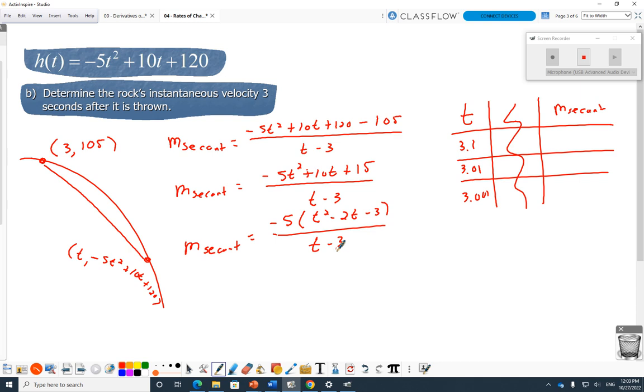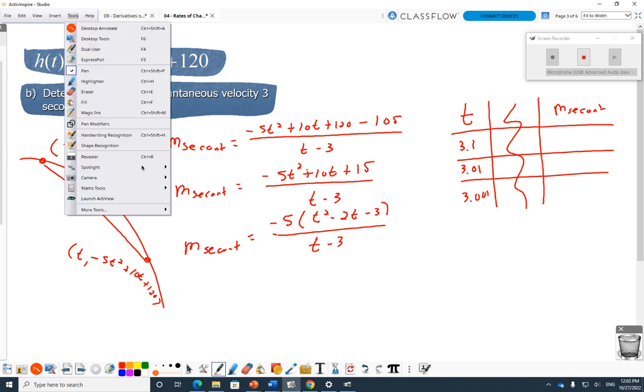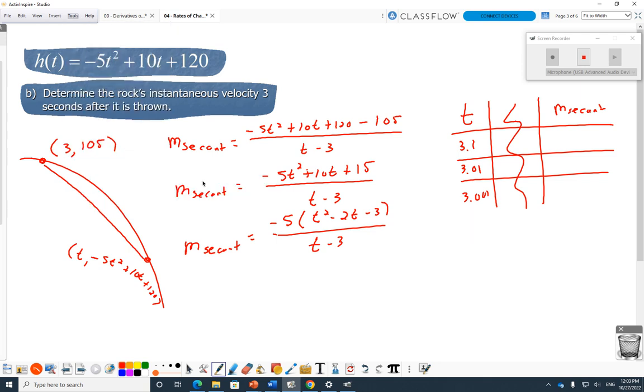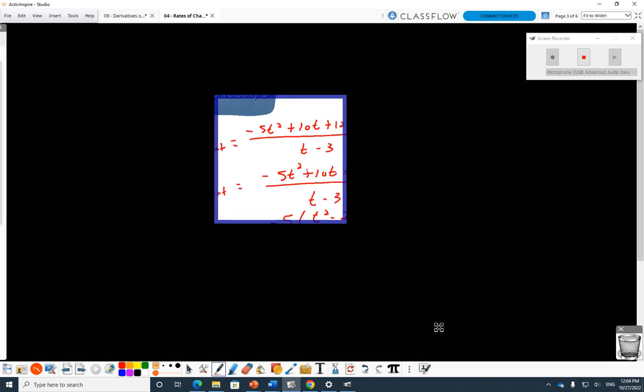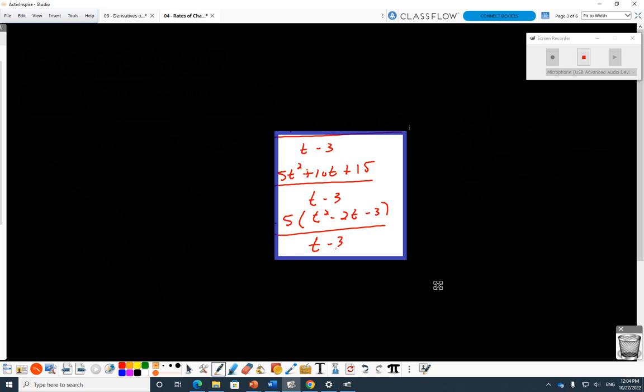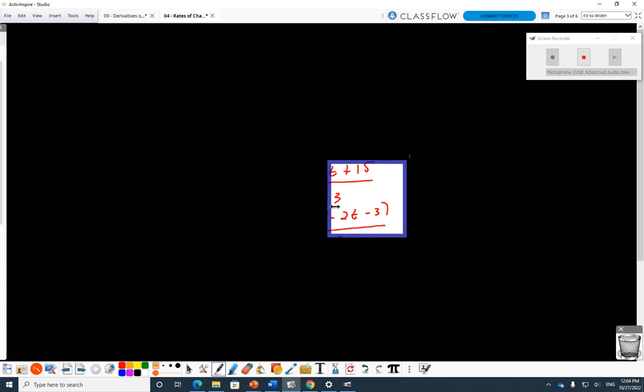Let's get a little help. Tools, spotlight, square. Does anyone see something else in the numerator that might factor?